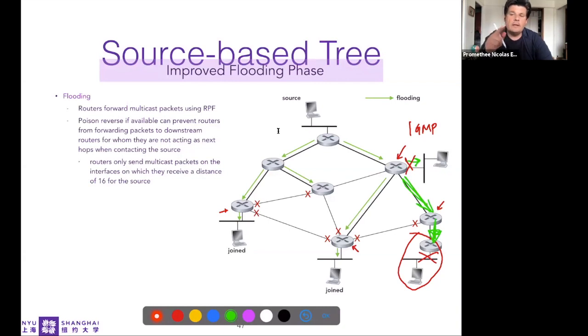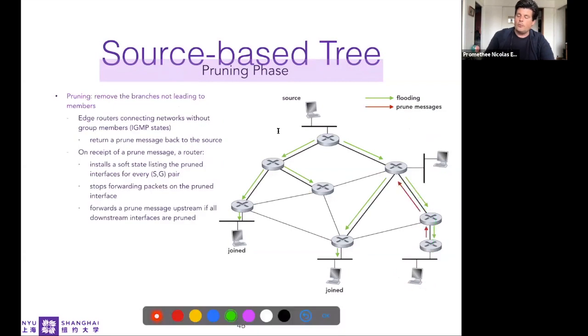This is where you see that we have a new kind of message specifically for the use of multicast, and that message is going to install a state. The message is called a prune message. The prune message that I represent here in red will be sent back to the source.